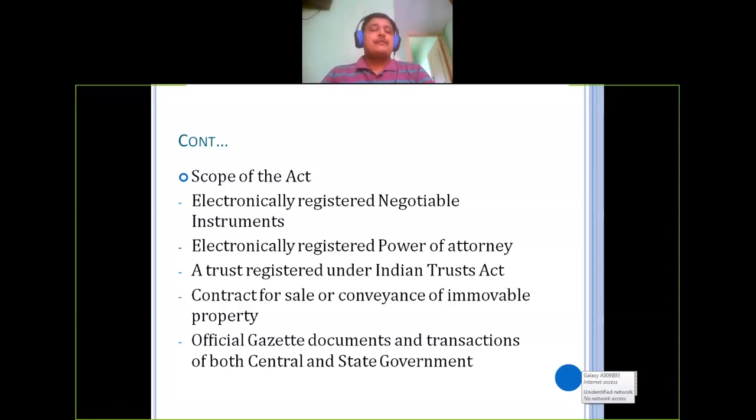And even official gazette documents: whatever discussions take place in the parliament, finally the decisions are released to the public through the gazette, which is the published format of the final decision taken by the parliament.